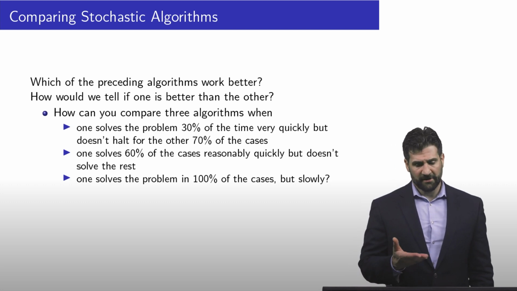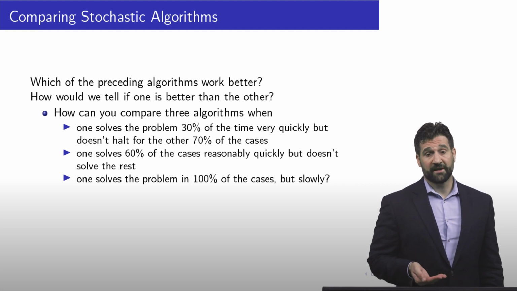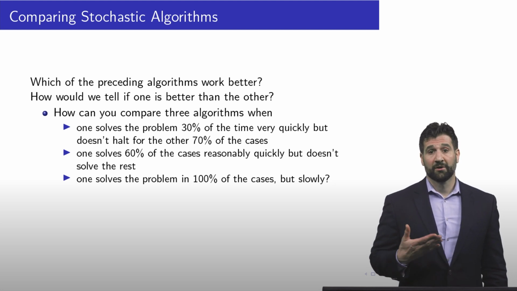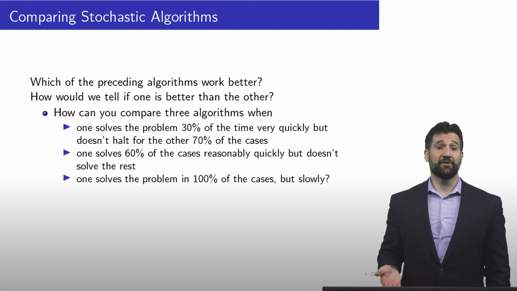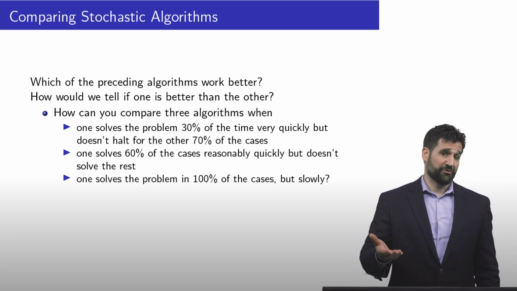Well, let's look at some kind of obvious ways to do this. So let's say one is solving the problem 30% of the time very quickly, but doesn't halt for the other 70% of cases. So is that useful to know?